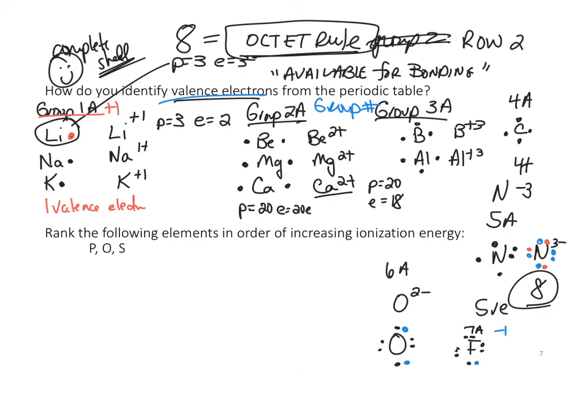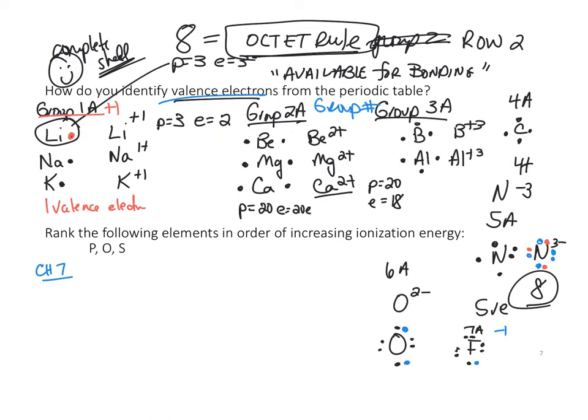Rank the following elements in order of increasing ionization energy. Well, what is ionization energy? By the way, in your book, you're not going to do electron configurations. So that means in Chapter 7, you're going to do the atomic spectra, electromagnetic spectra, some of the problems we just did.